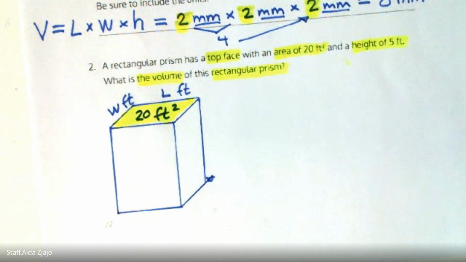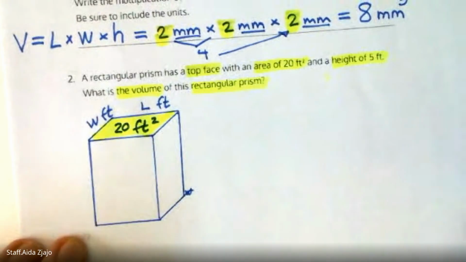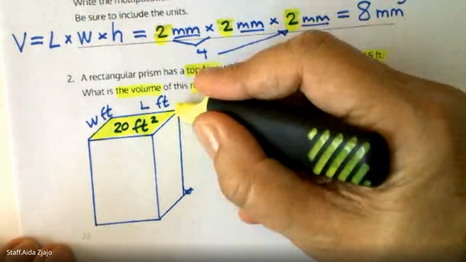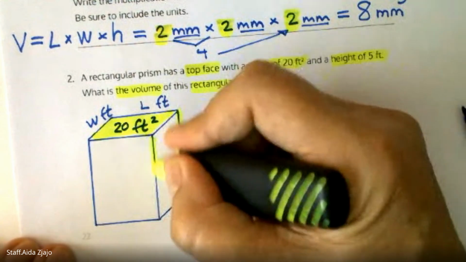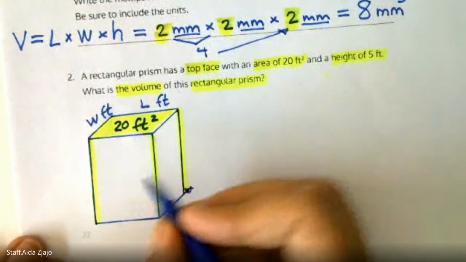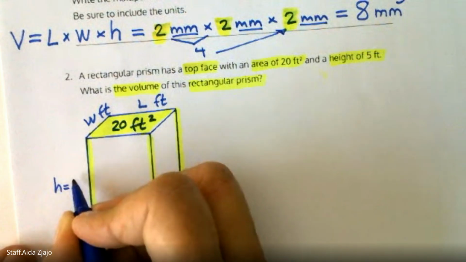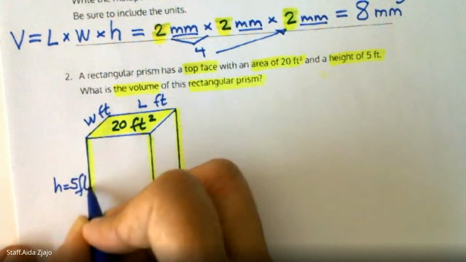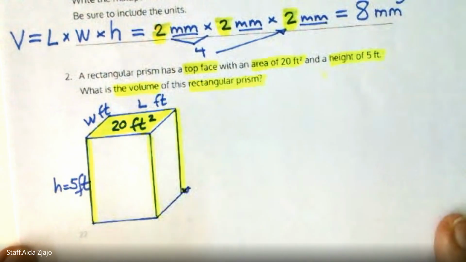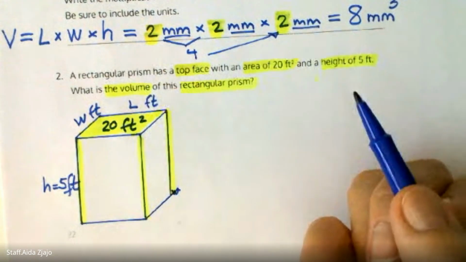Another thing, the information that they gave us is the height is 5 feet. So the height could be labeled here or here or here. It is 5 feet. They said find the volume of the rectangular prism.